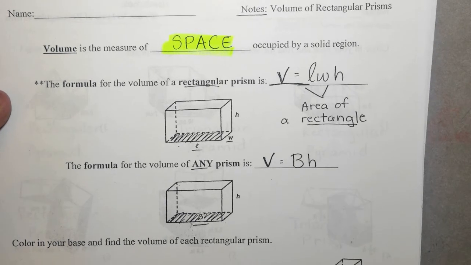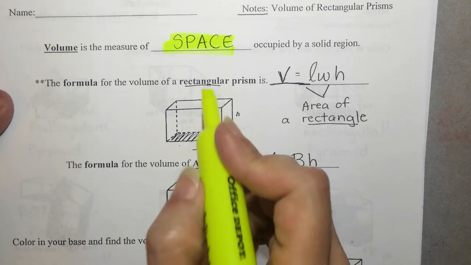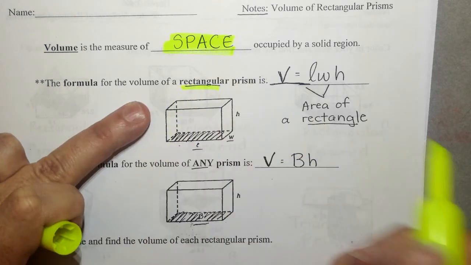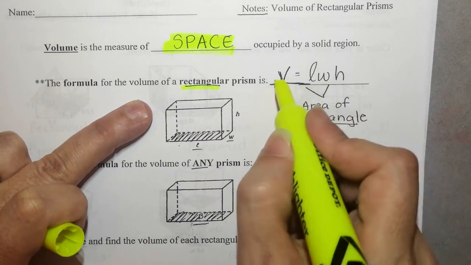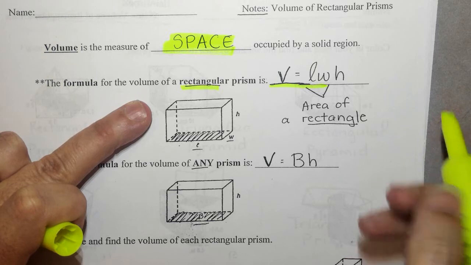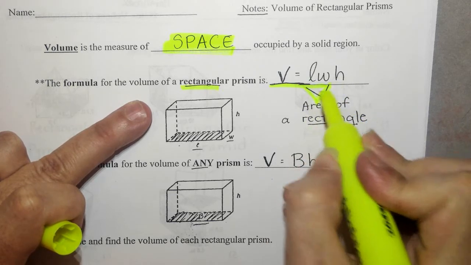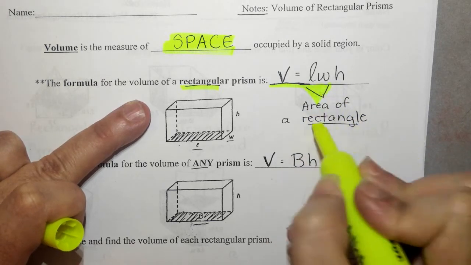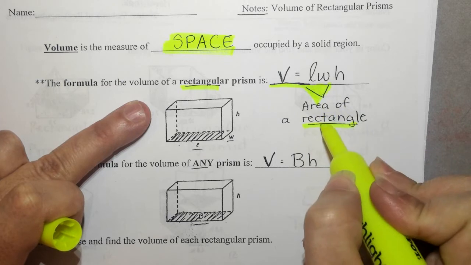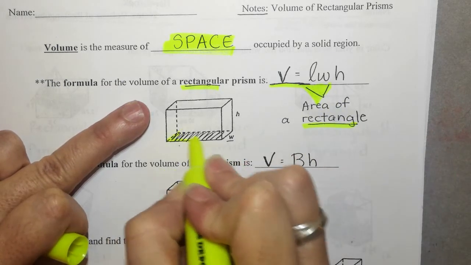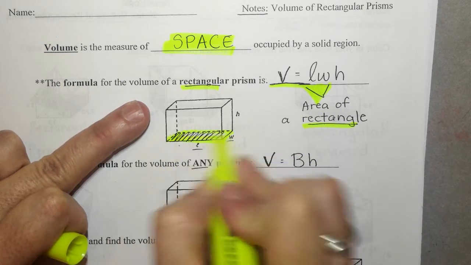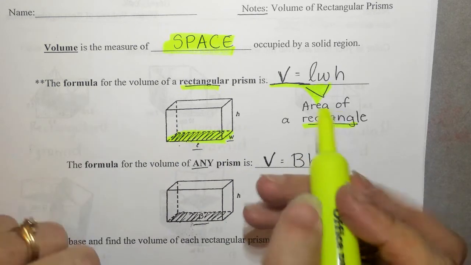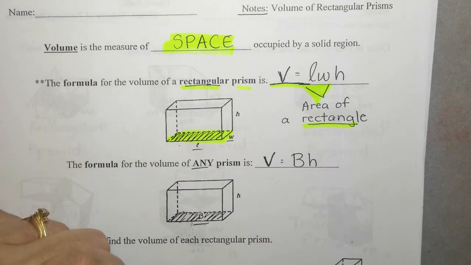Okay. The formula for the volume of a rectangular prism. Rectangular being the key there, because we already know to get the area of a rectangle, we need length times width. That would be the area of just this box. Now, because it is a prism, it has that, what I'm going to call 3D effect.